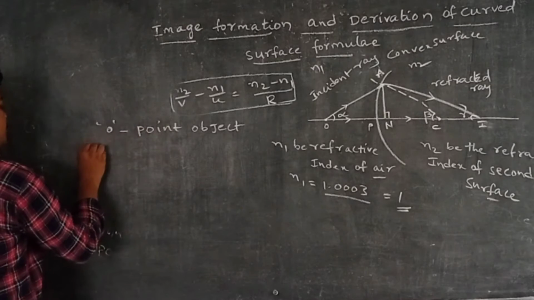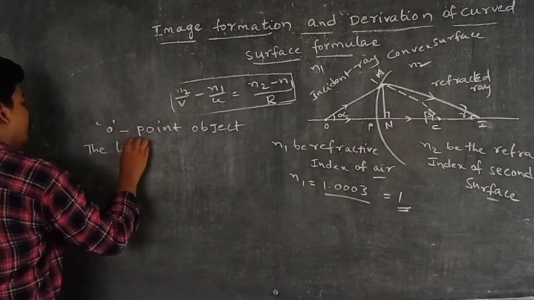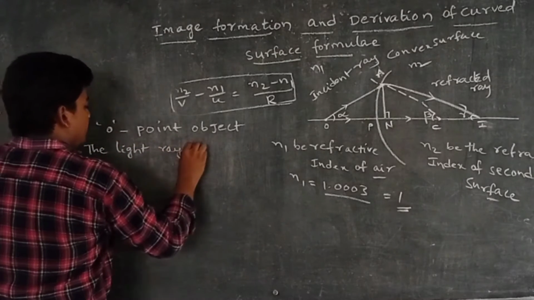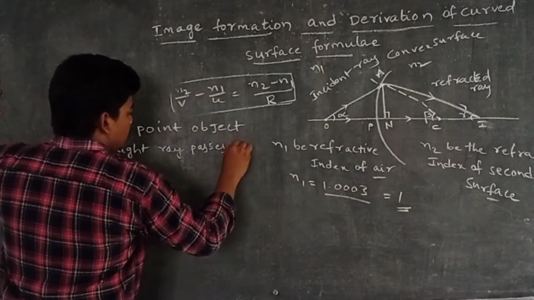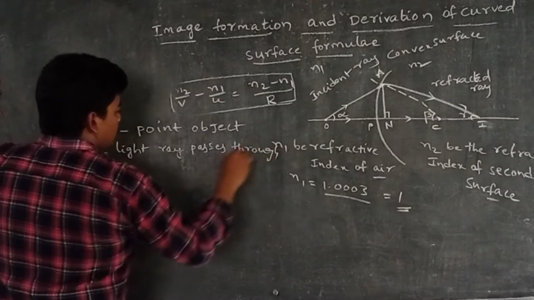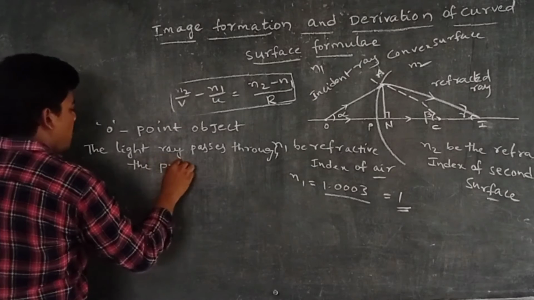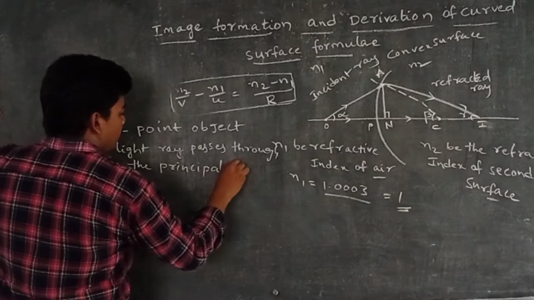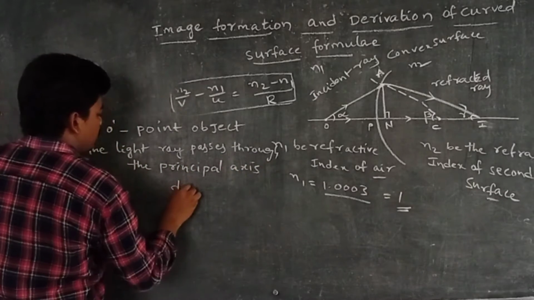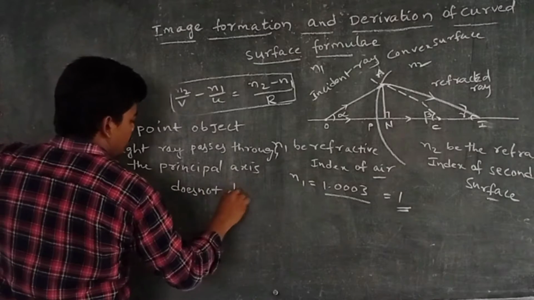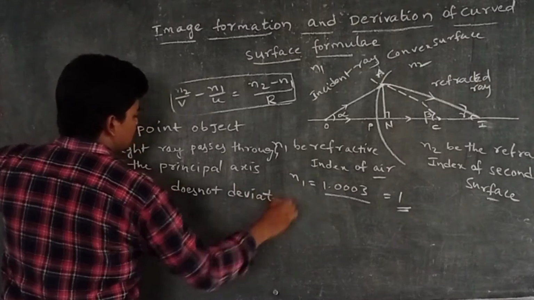The light ray passing along the principal axis does not deviate. We already know this.